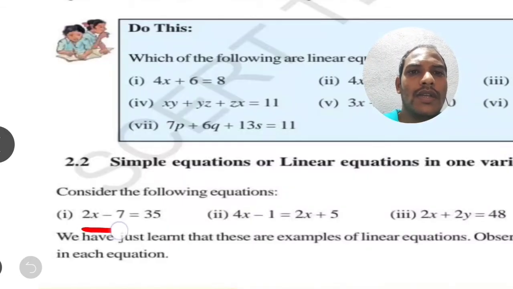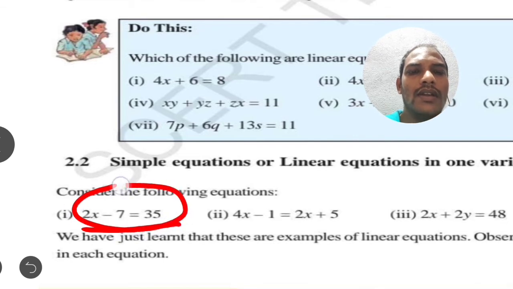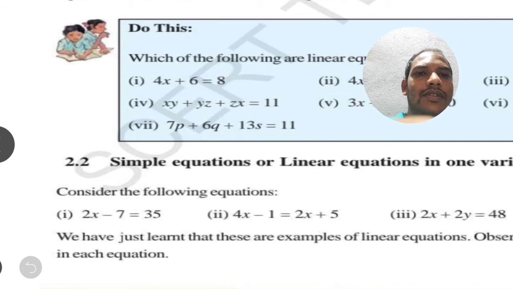So 2x minus 7 equals 35. Is it a simple equation? Yes, it is a simple equation because it is a linear equation and it contains only one variable. Second example, 4x minus 1 equals 2x plus 5.